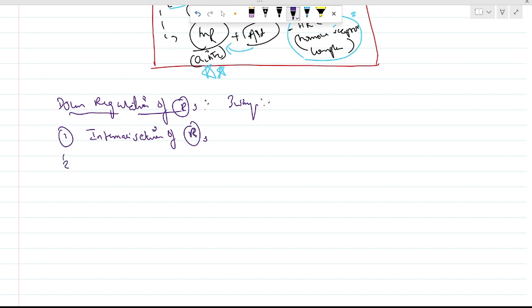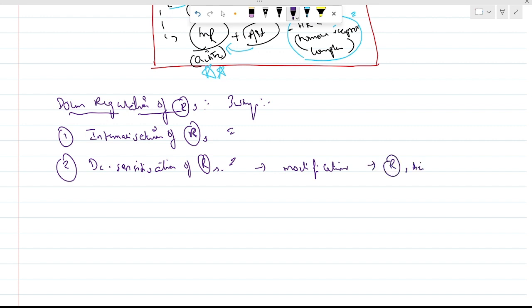Internalization of receptors. Second is desensitization of receptors. This desensitization of receptors leads to some modifications. This modification leads to the receptors being less responsive.